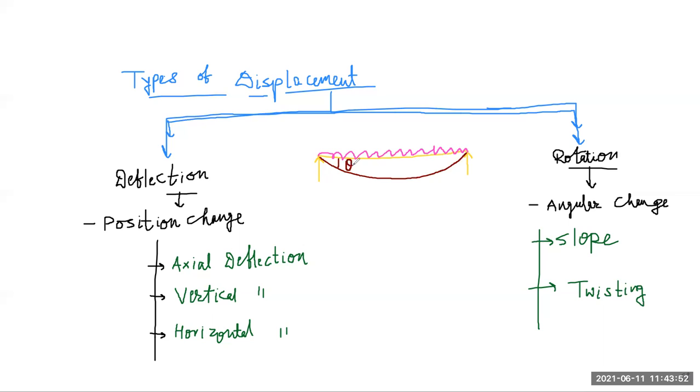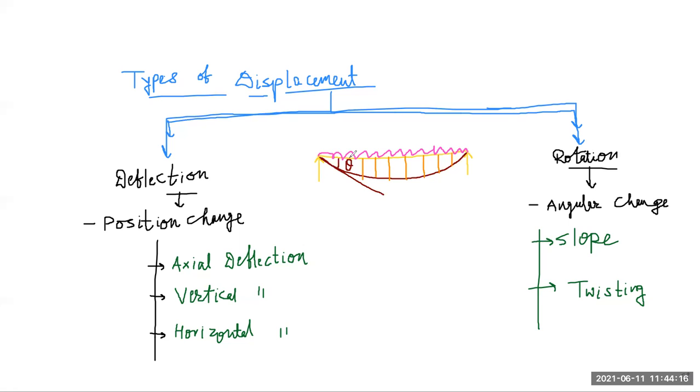This is the theta angle. So this is one type of displacement. Also, here you see your top chord or your straight profile will form the curve profile, and these are also deflections.